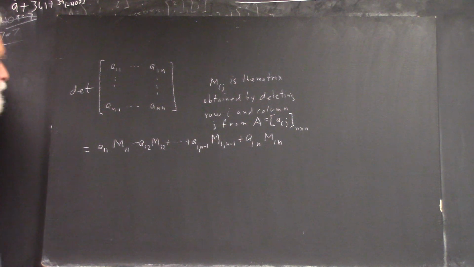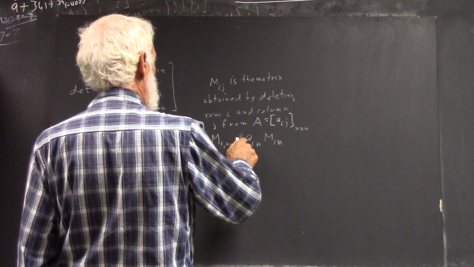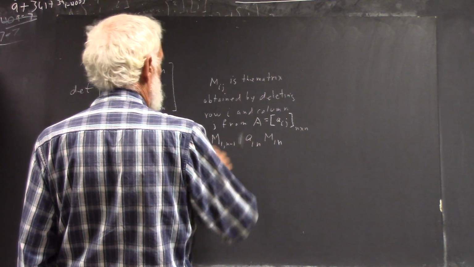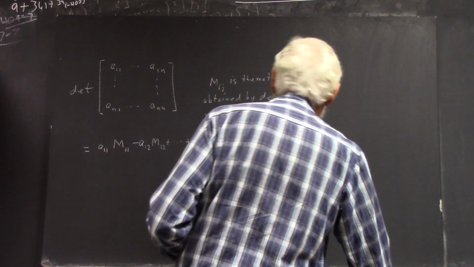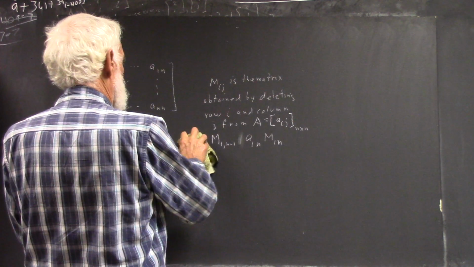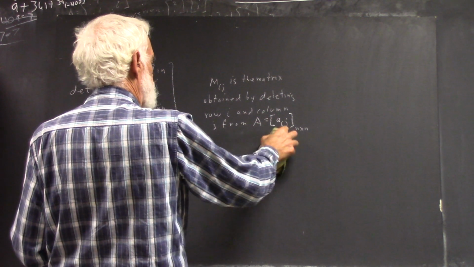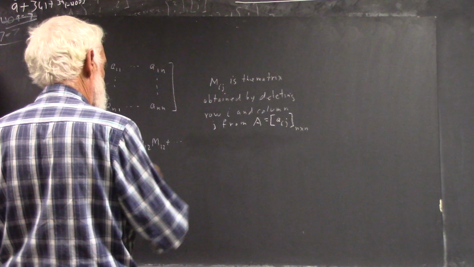And actually n could be even or odd. So at this point, I shouldn't have written what I did. I'll just write out the last term.